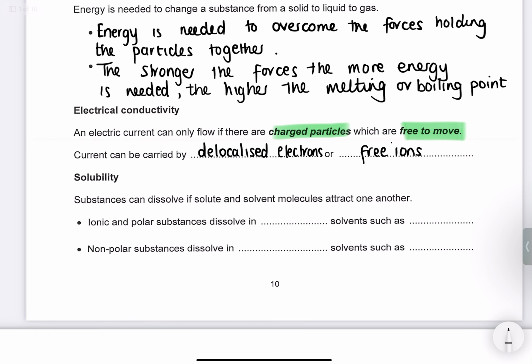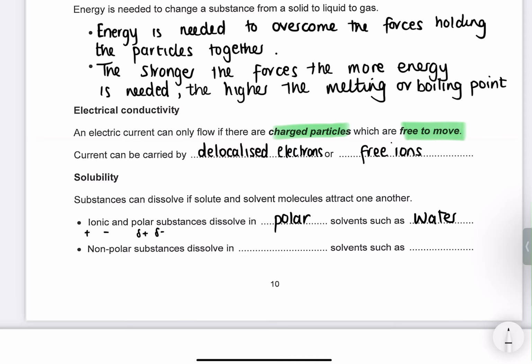Solubility depends on the ability of the substance, the solute, and the solvent, the thing that you're trying to dissolve it in, to attract one another. So if we're ionic, so we have pluses and minuses, or we're polar, delta pluses and delta minuses, then we're going to dissolve in polar solvents because we like them, such as water.